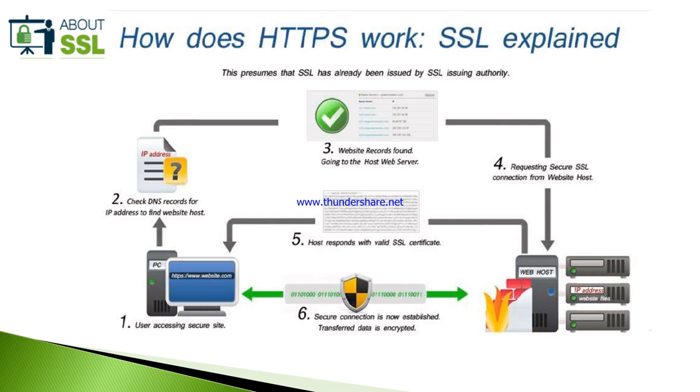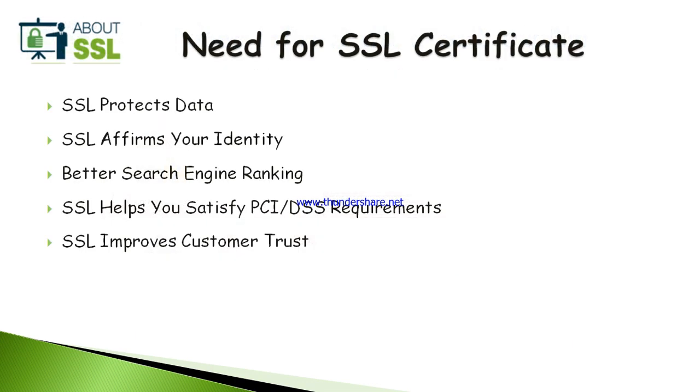If the records are found similar, then it requests the web host to establish a secure SSL connection for the visitor and the web host. Then it responds with a valid SSL certificate and secures the SSL connection, and then it is established.